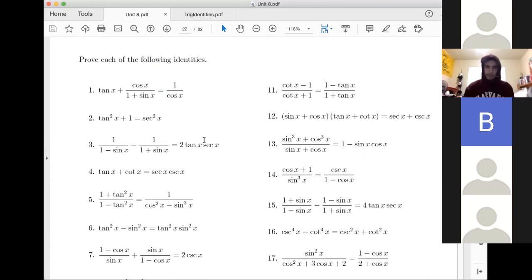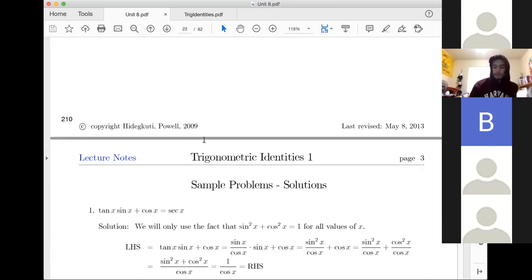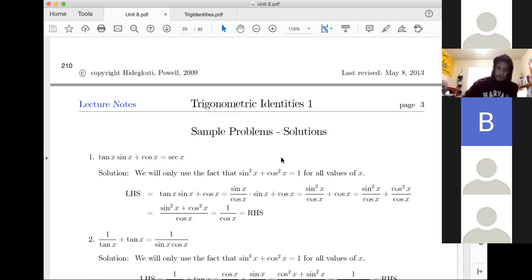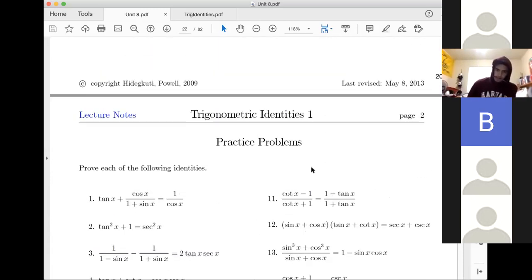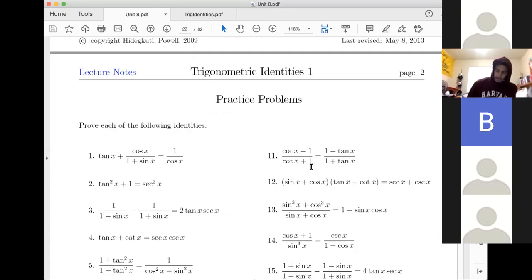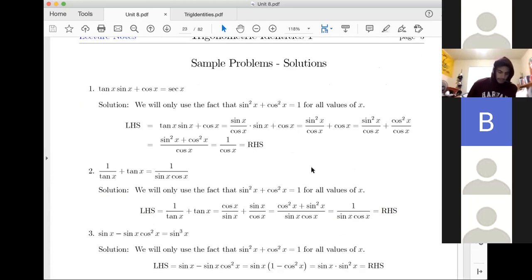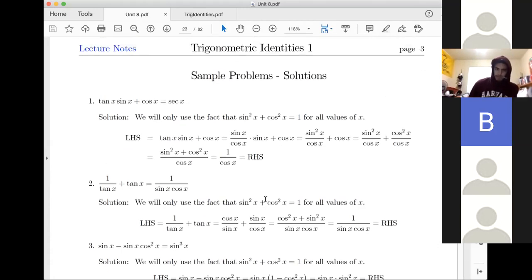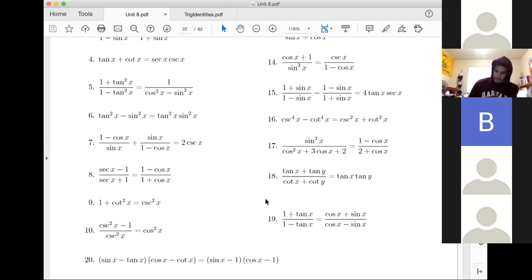There's 20 of them. And if you keep going in your notebook, these are the solutions to all of them, to the sample problems. I don't know if I have those in the right order. So it's good to be able to check your work if you need to. So there's the extra practice if you need it.